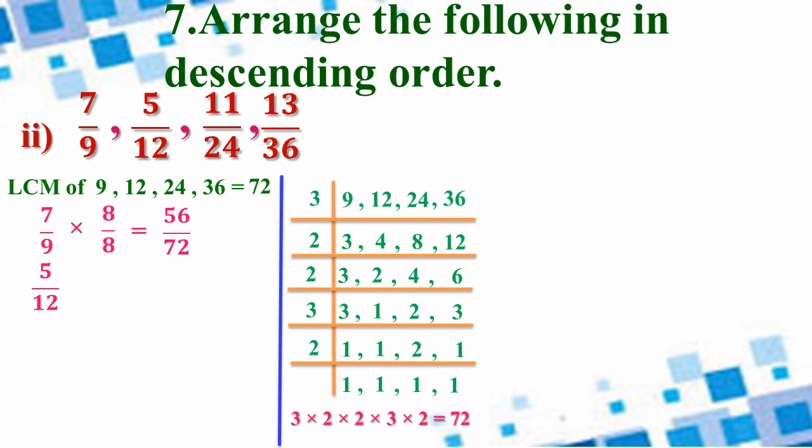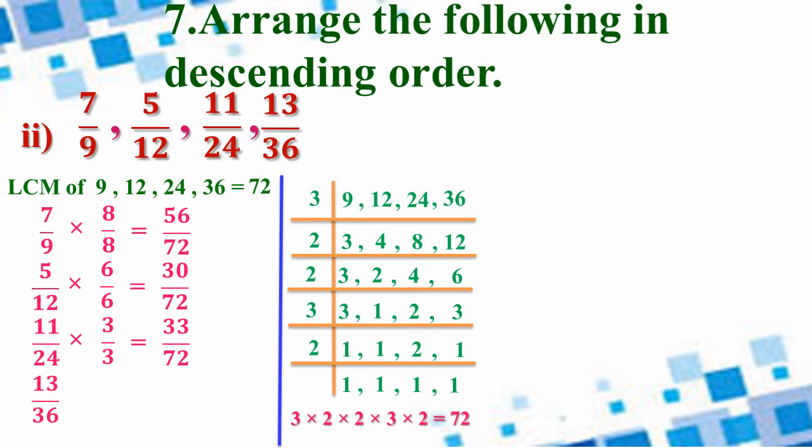Next, the fraction 5 by 12: multiply with 6, so we get 30 by 72. Next, 11 by 24: multiply with 3, so we get 33 by 72.